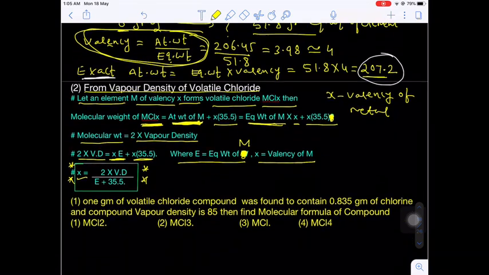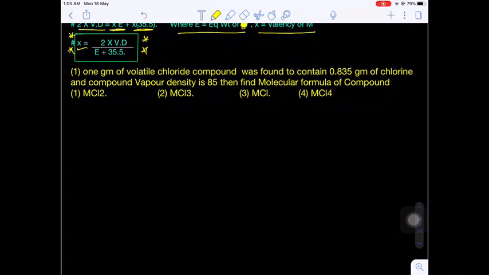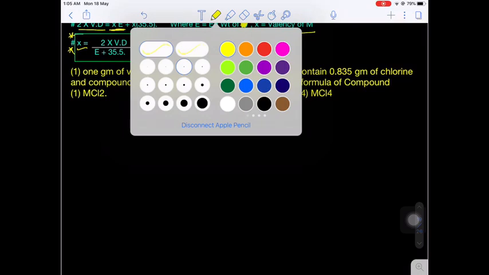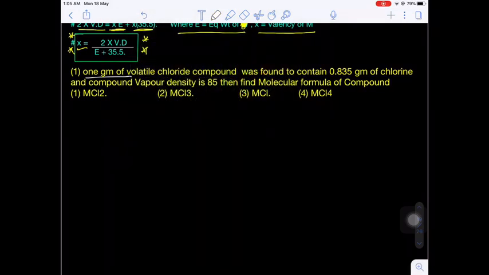Now here one problem is there. What is the problem here? 1 gram of a volatile chloride compound was found to contain 0.835 grams of chlorine. That means you have 1 gram of a volatile chloride compound in which chlorine is 0.835 grams.